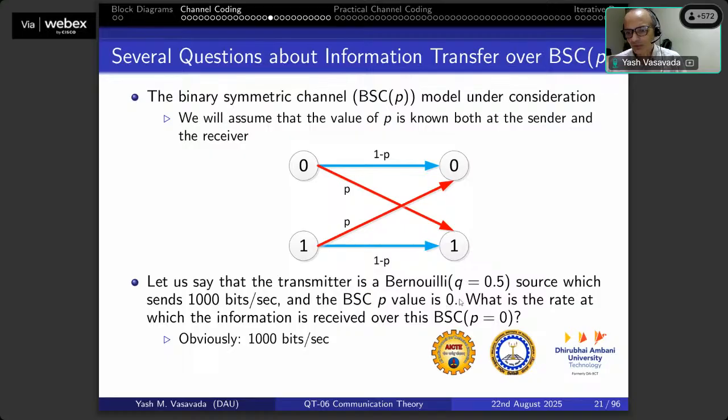For P equal to 0.1, you say 900 bits per second. Let's say P is equal to 1. Then what do you think? Suddenly I got a lot of answers, 0, 0. But Matthew said 1000.